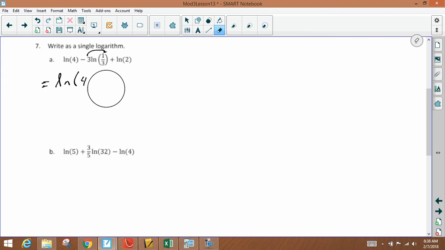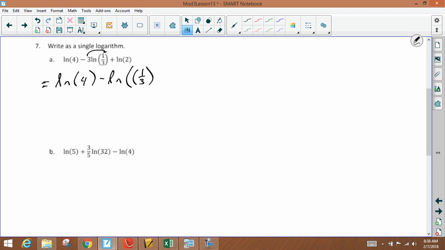We had equations and we moved back to expressions, and I wasn't doing it very fluidly. All right, so always when you are writing logarithms as a single logarithm, the first thing you're going to do is take any coefficients that are on the outside, and you're going to write them as powers inside of your log.